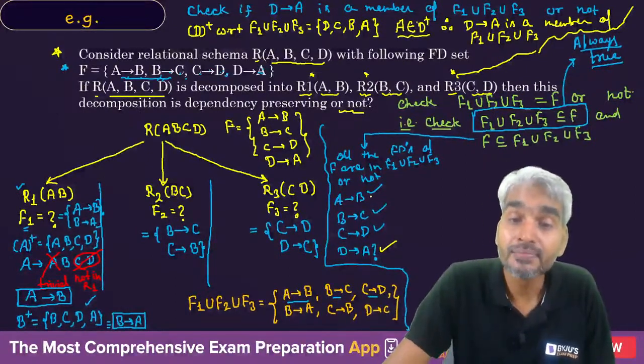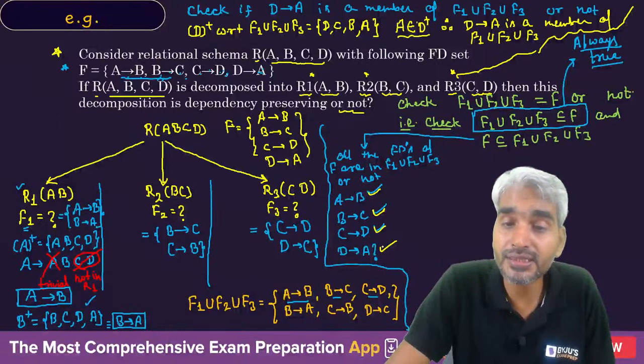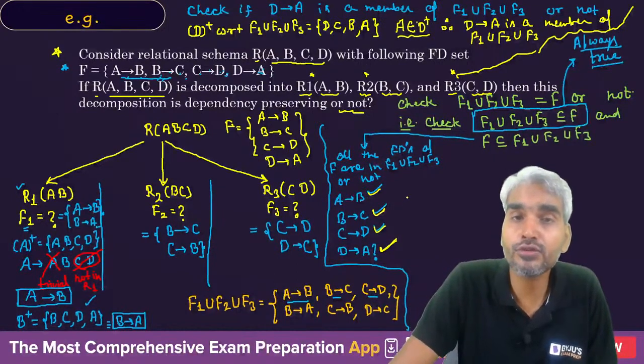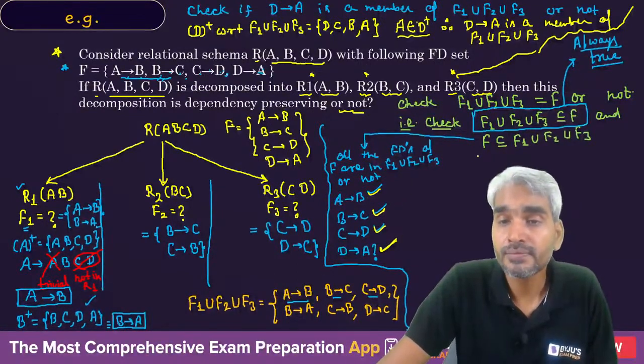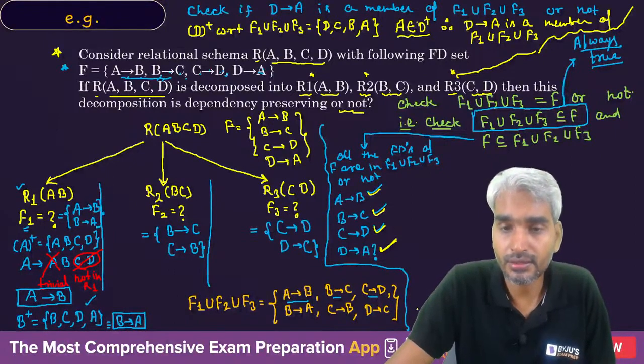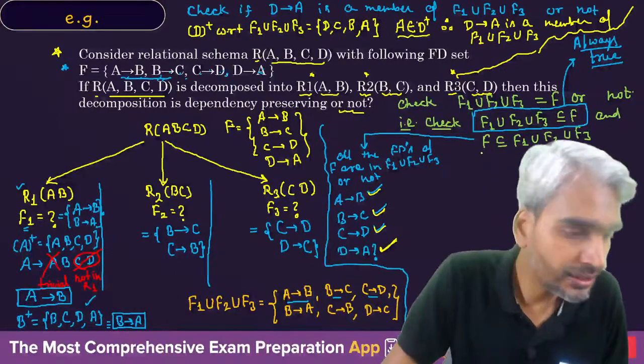So you can see that all the FDs are present in F1 union F2 union F3. I don't have sufficient space, I guess I can write here.